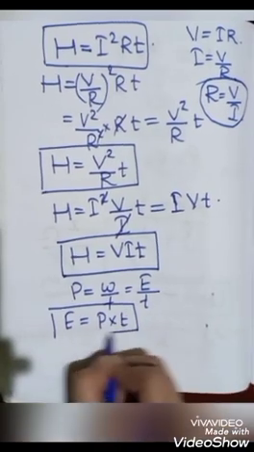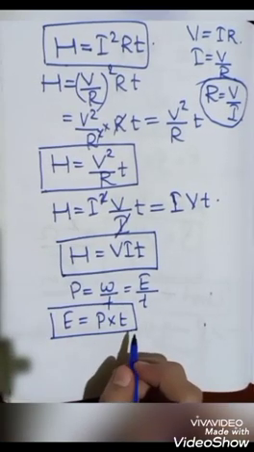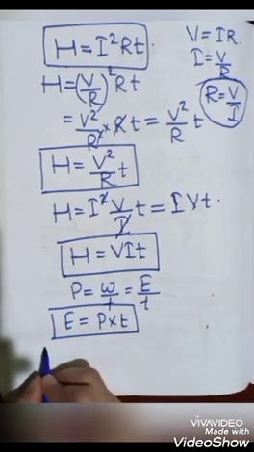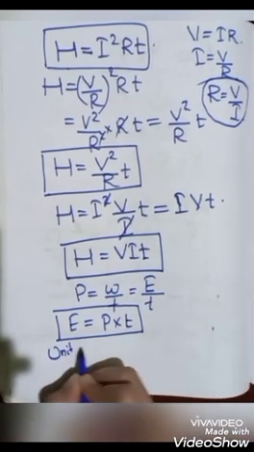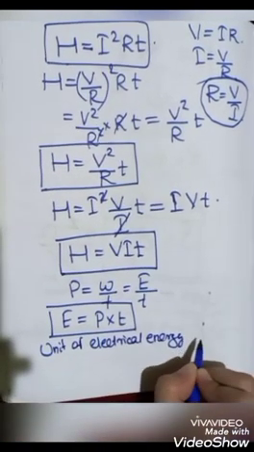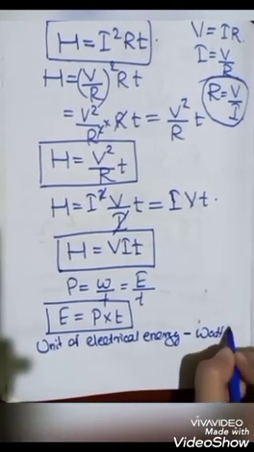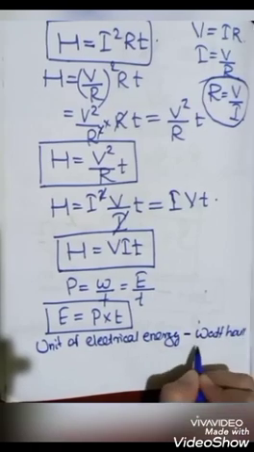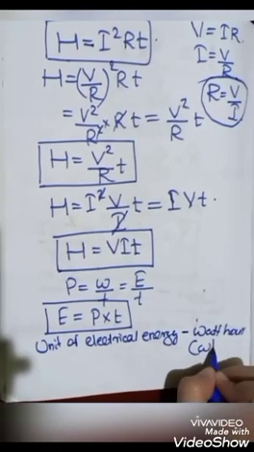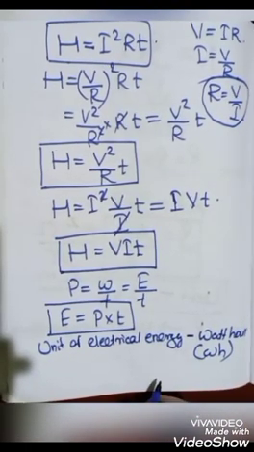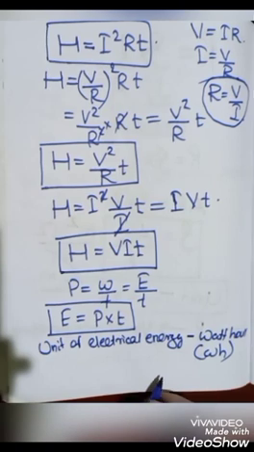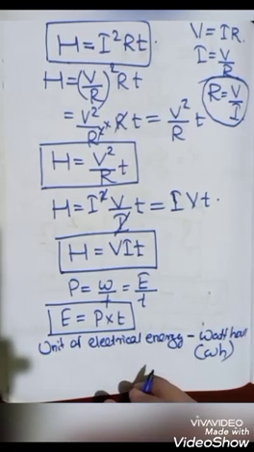The unit of electrical energy is watt hour. Then what is 1 watt hour? How can we define 1 watt hour?